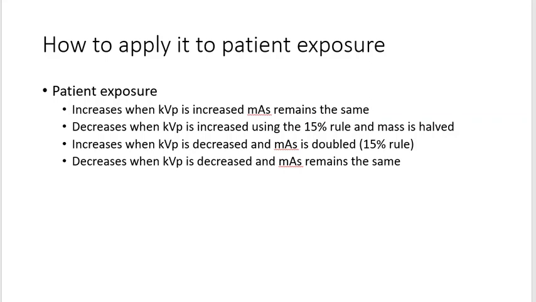So increases in kVp whenever you change nothing in the mass, then your patient dose goes up. Excuse me. Your patient dose decreases when kVp is increased using the 15% rule and mass is halved. Patient dose increases when kVp is decreased and mass is doubled, and it decreases when kVp is decreased and mass remains the same.